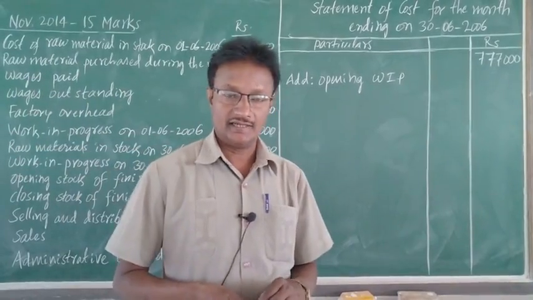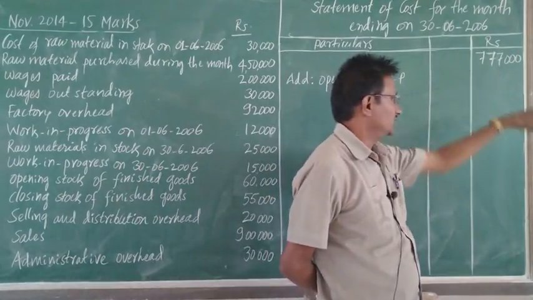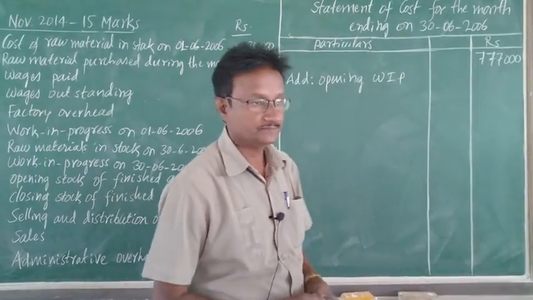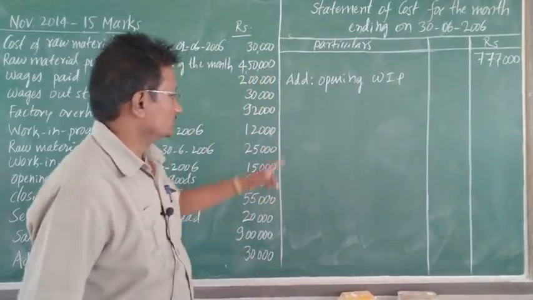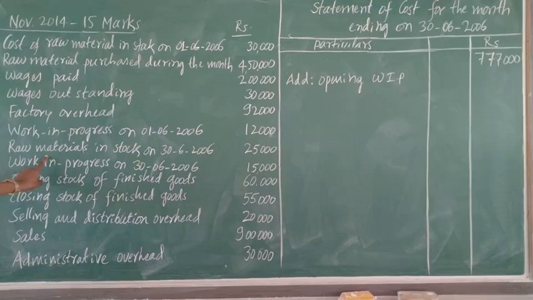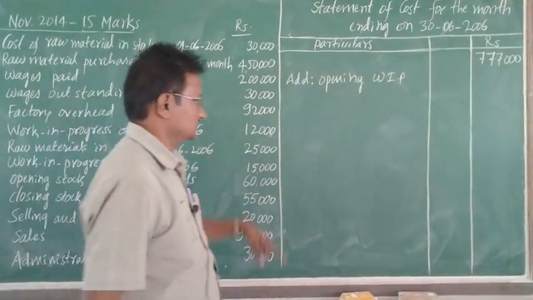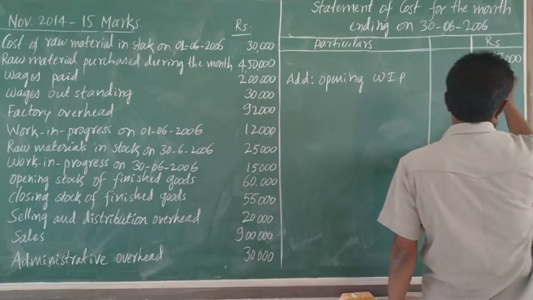Next, we have to add opening work in progress, that is work in progress on 1/6/2006 is opening work in progress. Here it is 12,000.